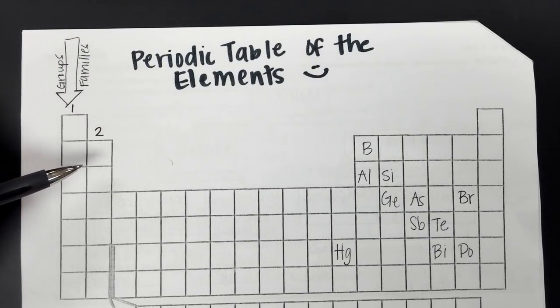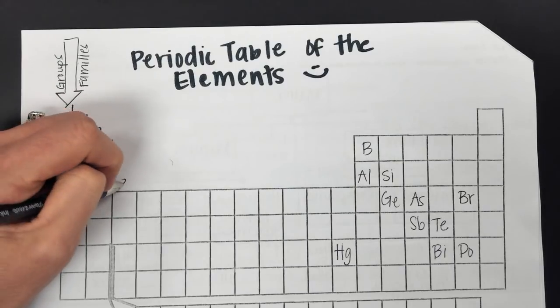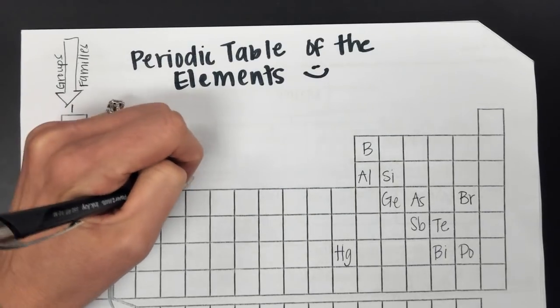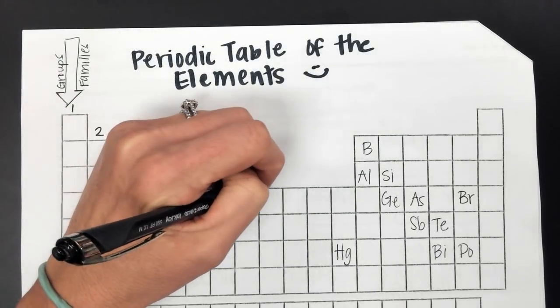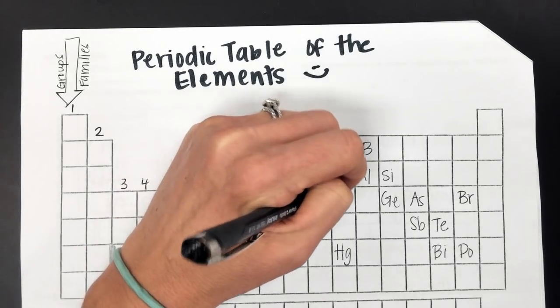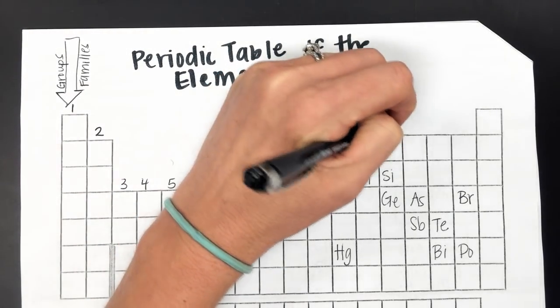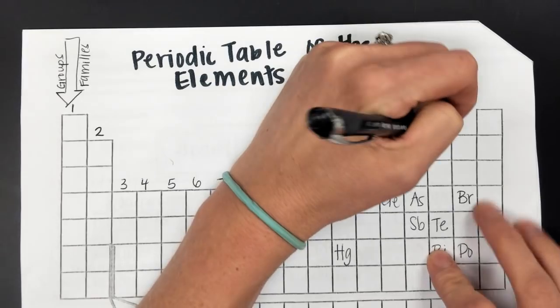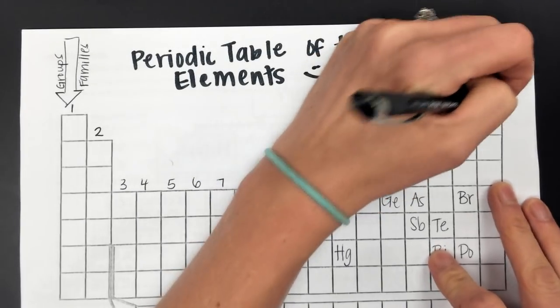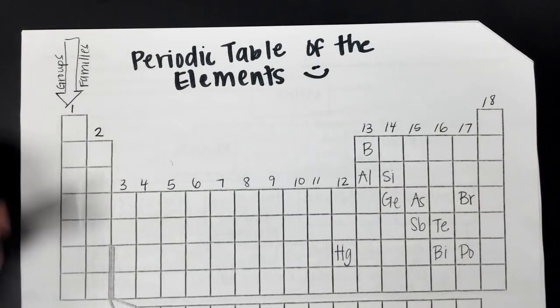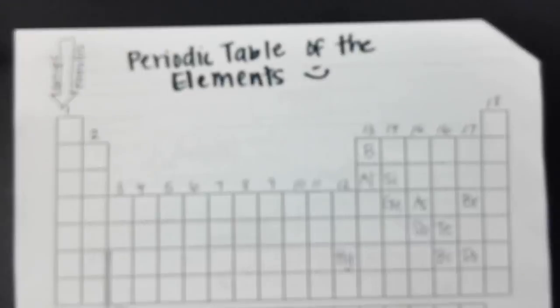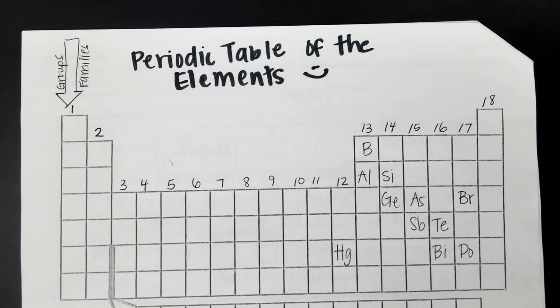Family 2, 3, 4, 5, 6, 7, 8, 9, 10, 11, 12, 13, 14, 15, 16, 17, and 18. Several of these groups have very specific names that, again, we will learn in a future unit.